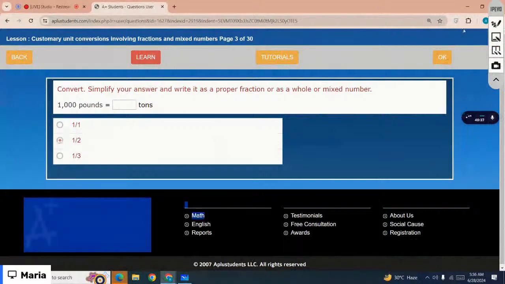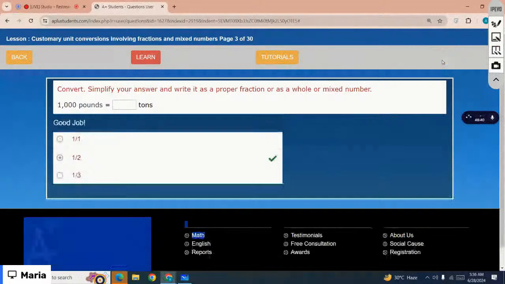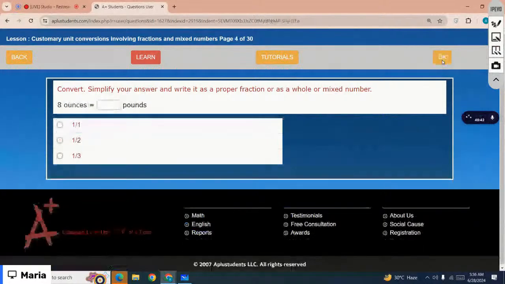The correct option is 1/2. 8 ounces equals how many pounds? Half, right? Because in 1 pound you have 16 ounces. So 8 ounces is half of a pound.